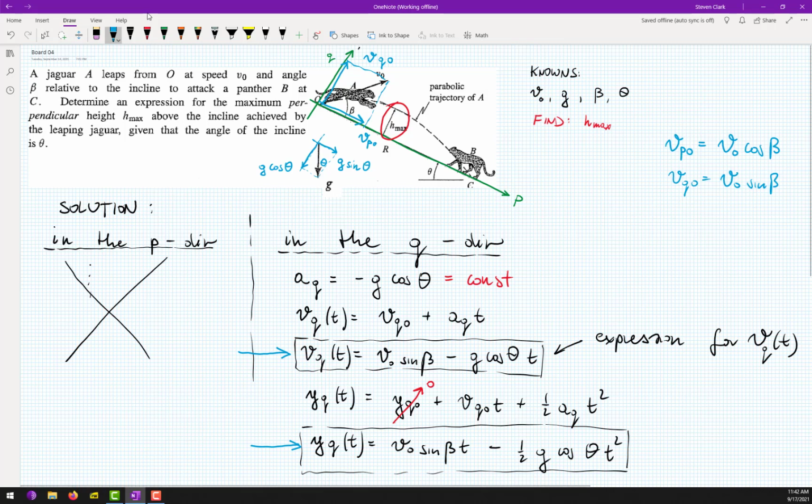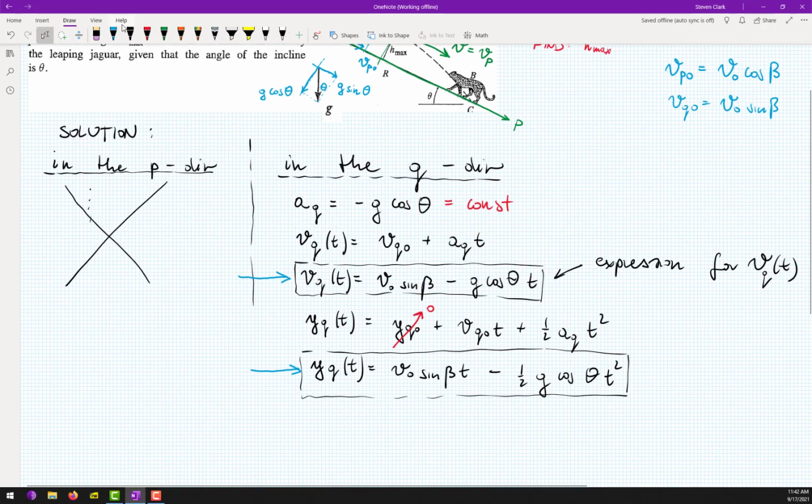So at that point, V will be equal to VP, and VQ will be equal to 0. There's no VQ.